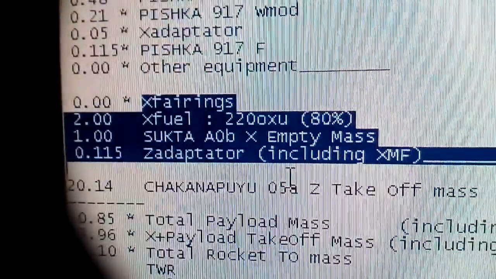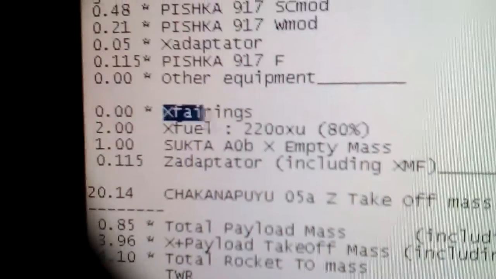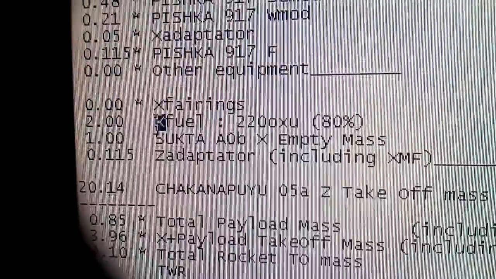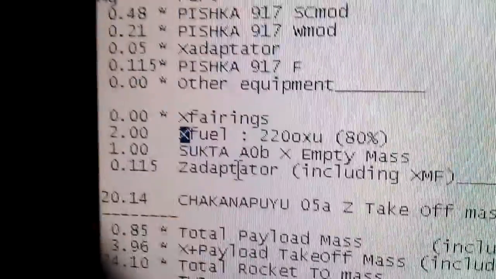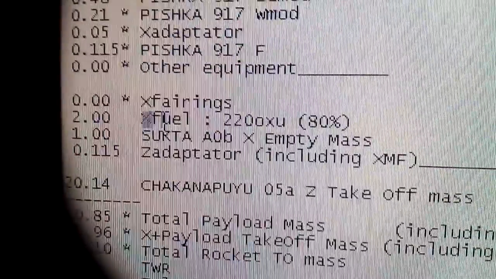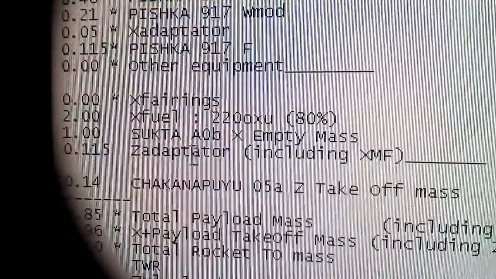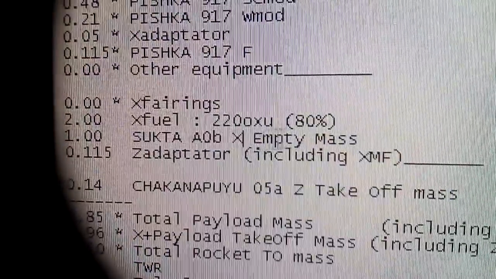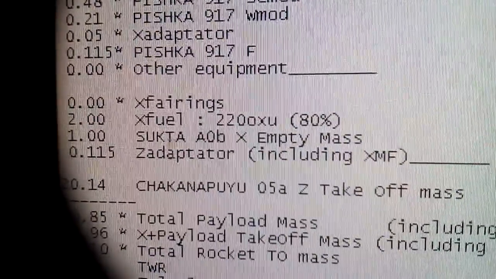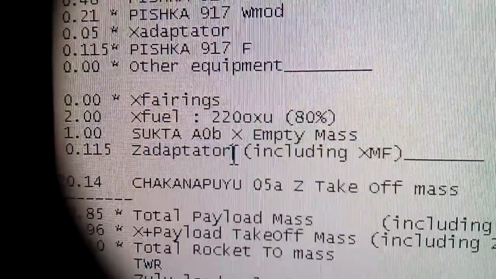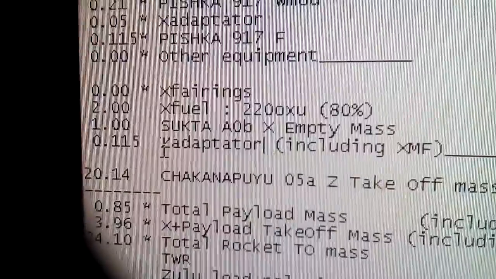This is the area only of the second stage. If the second stage has failings, all of it, with X in my space program, meaning X-ray block, meaning a second stage. In this case, the fuel loaded in the stage, the name of the stage, and its empty mass. The Zulu adapter, in this case, Zulu is the first stage.